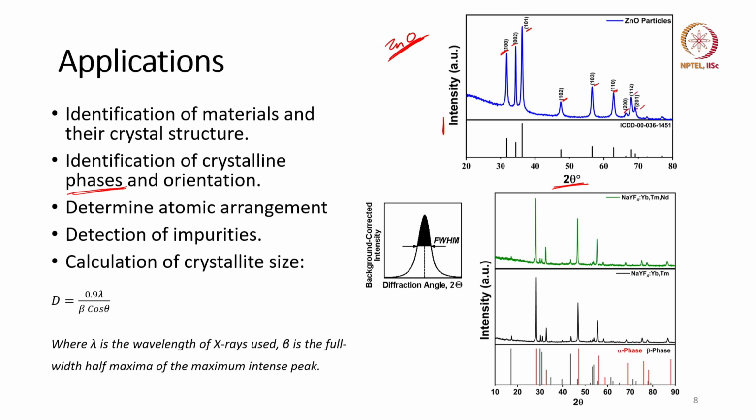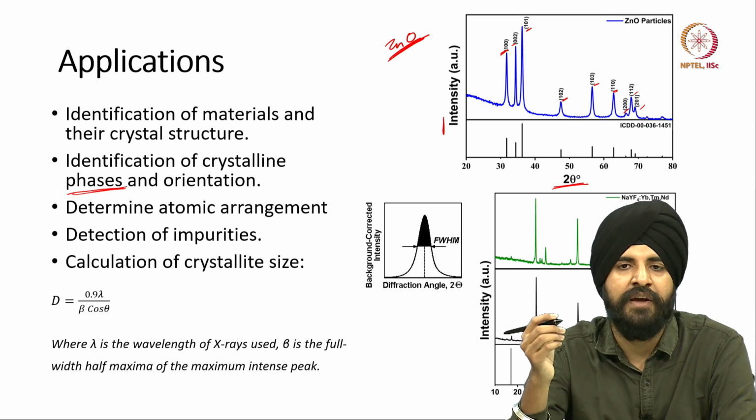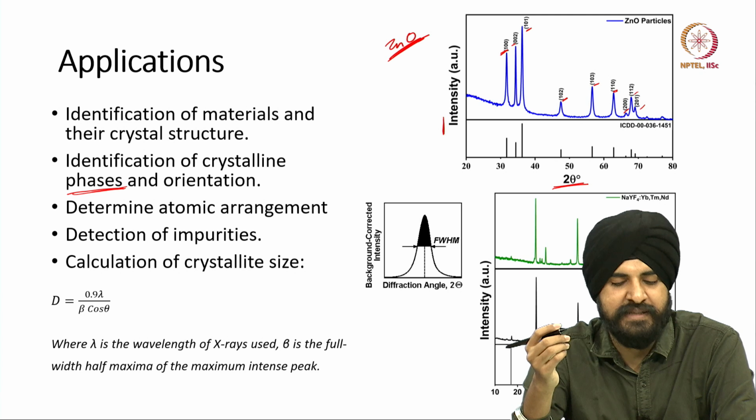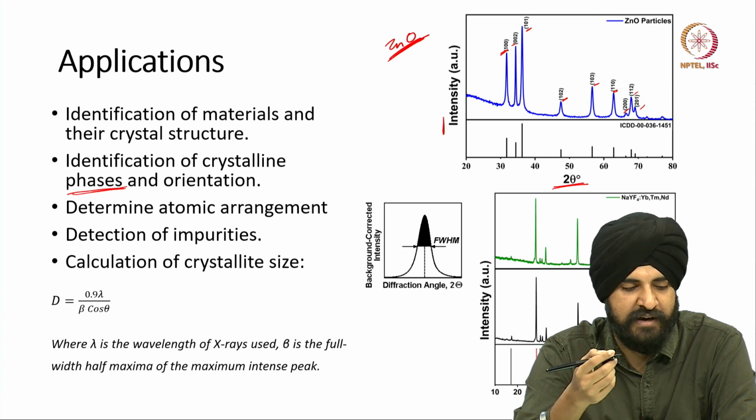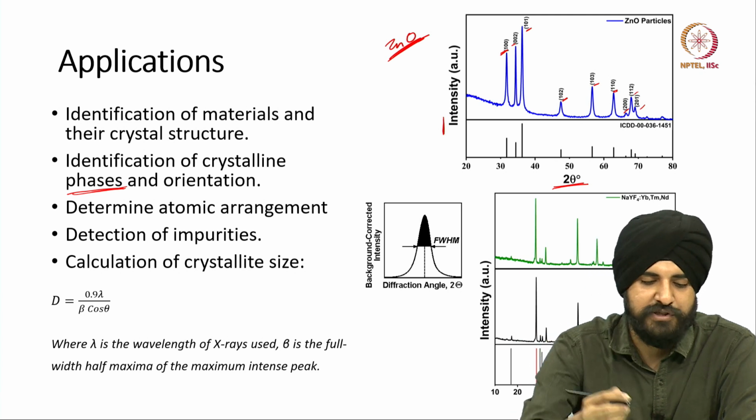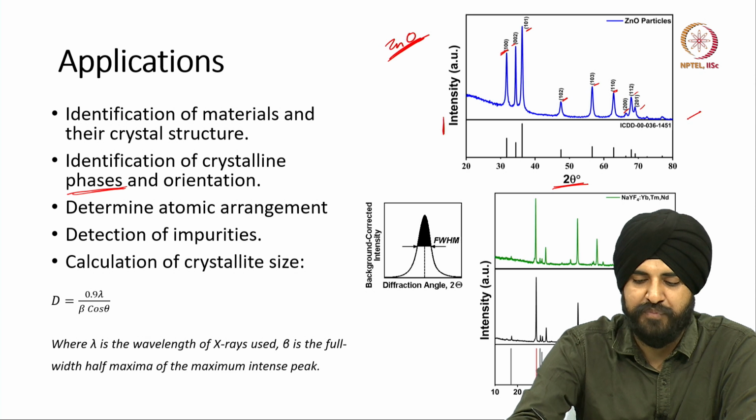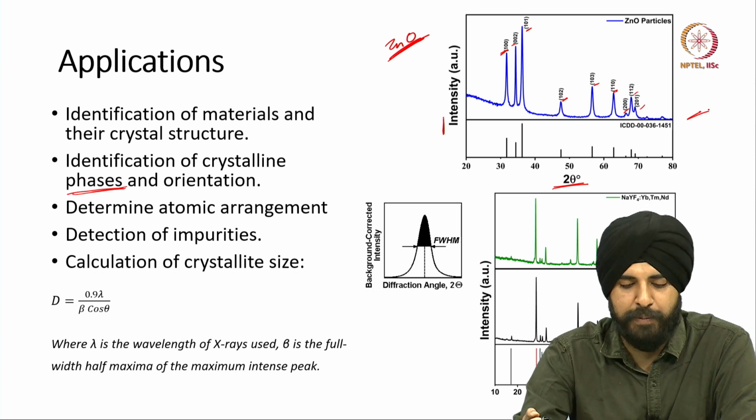Based on the interatomic planes, we have all these planes available, like 110, 002, 101, 102. All these planes are present inside our material, and we can find them using XRD spectroscopy. This is a typical spectrum of our ZnO particles.